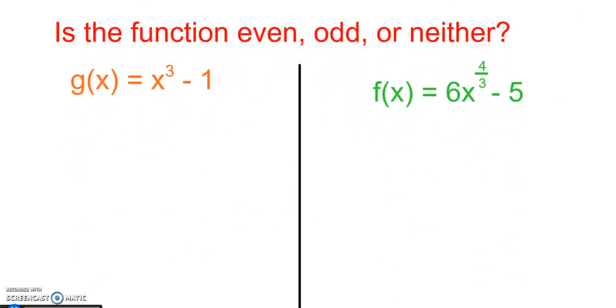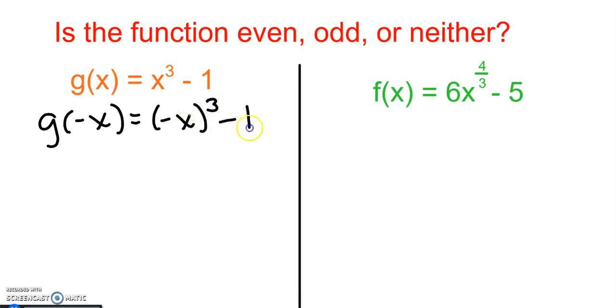So to test, I said we're going to start by plugging in negative x. So I'm going to find g of negative x, which means I'm going to take negative x and cube it minus 1. Well, that means that g of negative x is equal to negative x to the third minus 1.